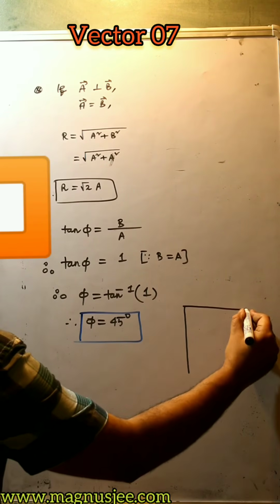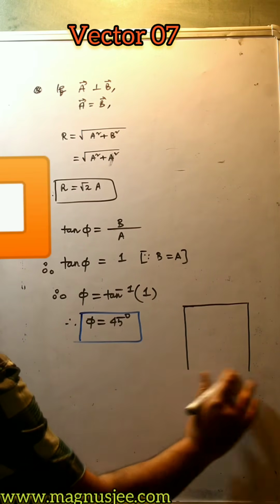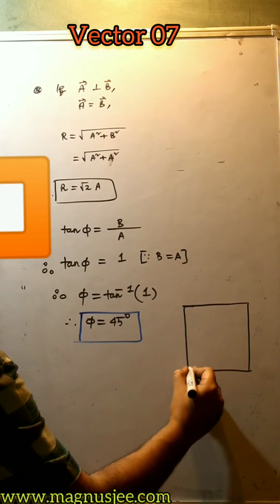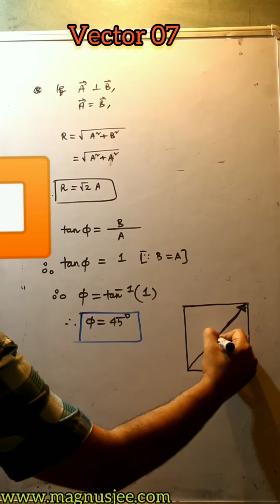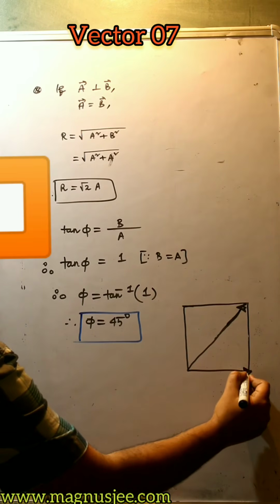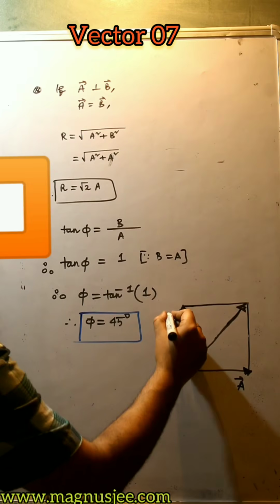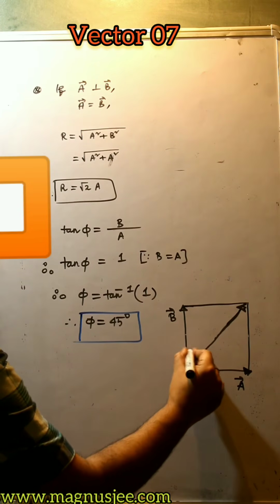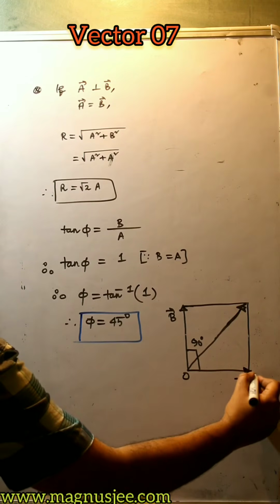That means if we draw a square, two adjacent sides indicate two equal vectors. So the square is OPSQ. Vector A and vector B are represented by two adjacent sides of a square, and theta is 90 degrees.